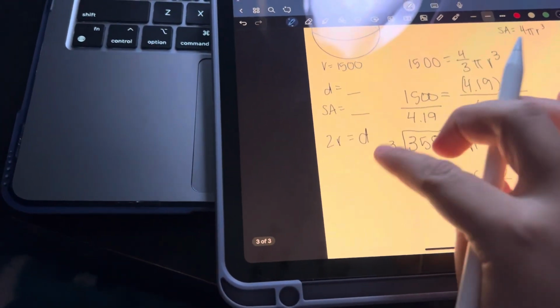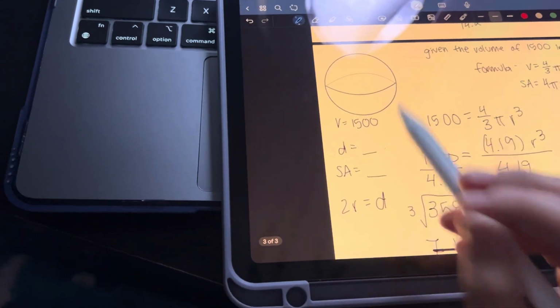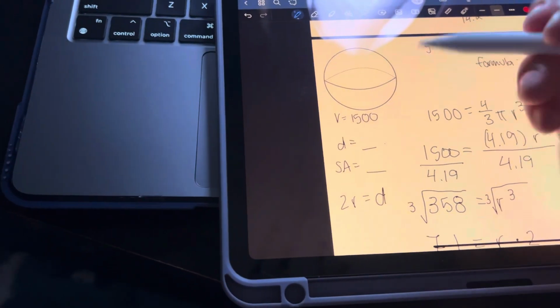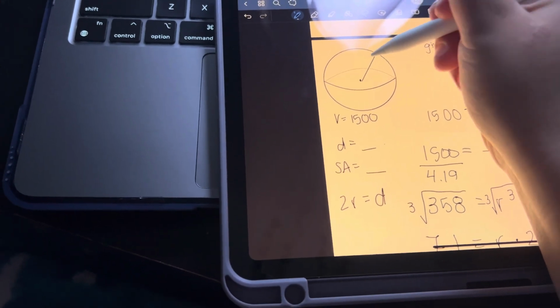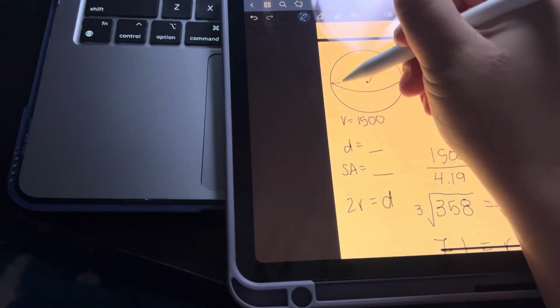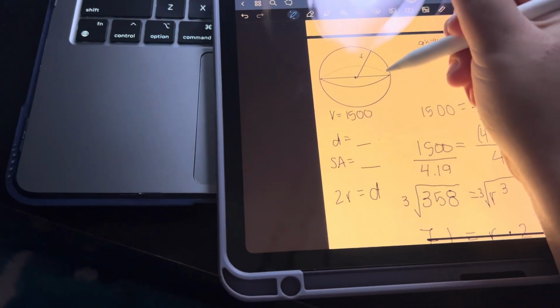Diameter is the whole length, while radius is half of it from the center. So I guess I could draw that. That would be radius, while this would be diameter.